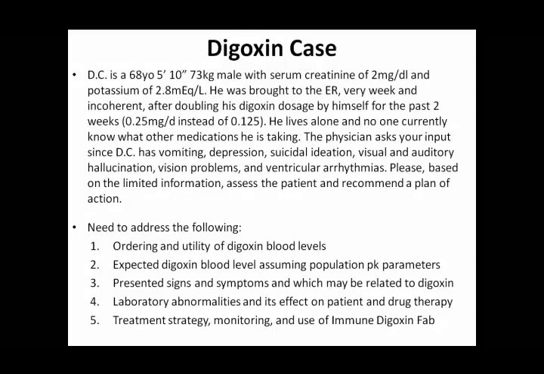Or did he have signs and symptoms of digoxin toxicity initially at 0.125 and he had nausea and weakness, then he decided to increase the dose? Then the problem escalated and he started having more incoherence and arrhythmia. And that's what you would need to investigate above and beyond doing calculations or doing kinetics.